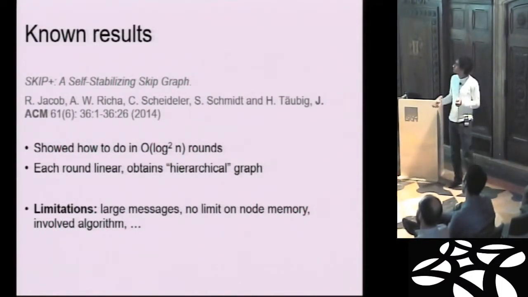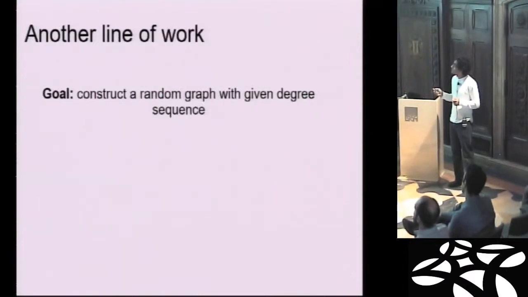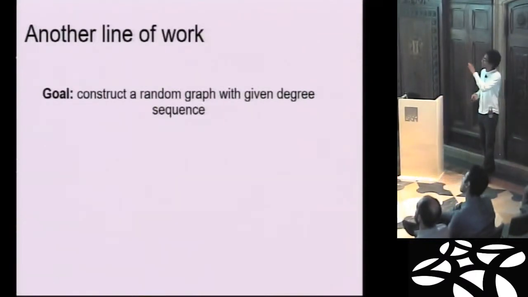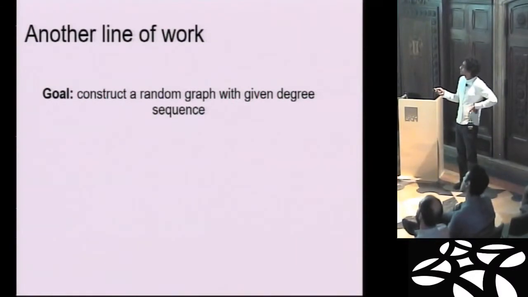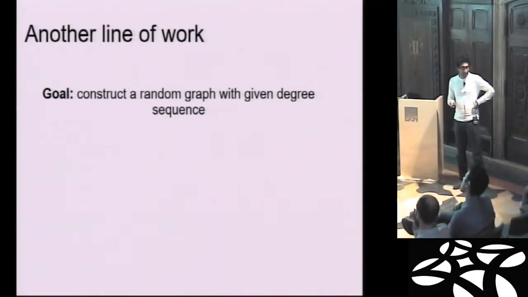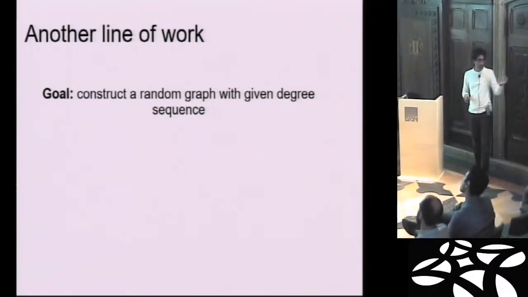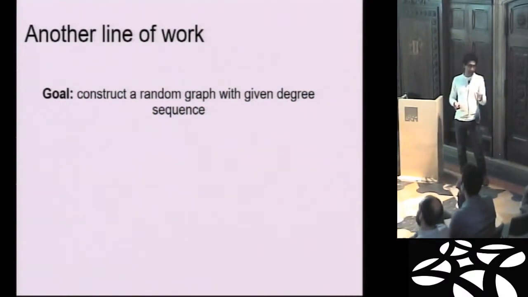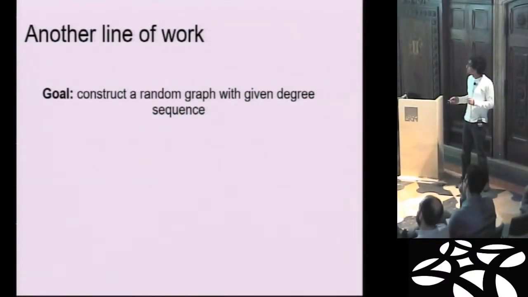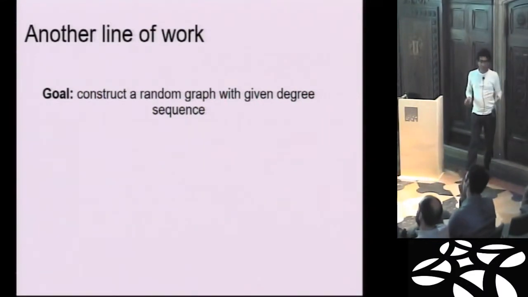And to get inspiration for this, we look at a different line of work. This is an unrelated question, which is you want to construct a random graph with a given degree sequence. I give you a set of degrees, and the goal is to construct a random graph with this degree sequence. This again is a very well-studied question in Markov chain theory.